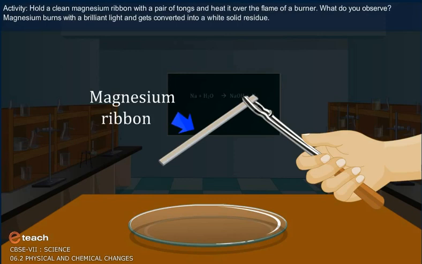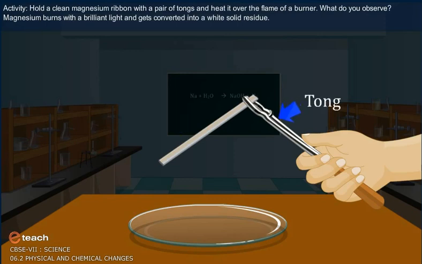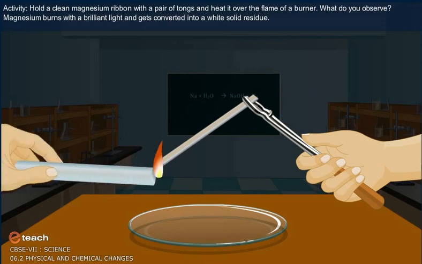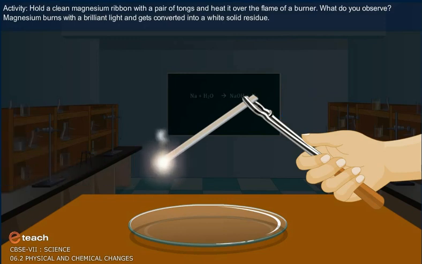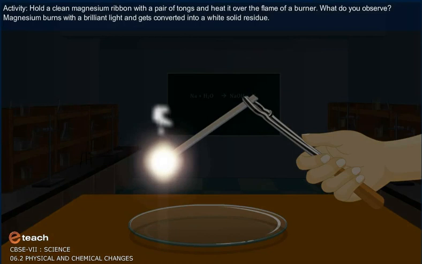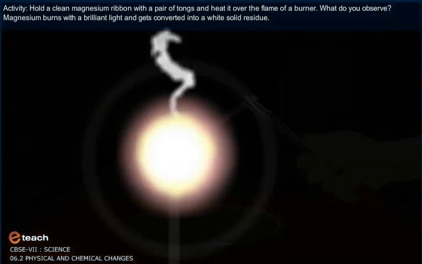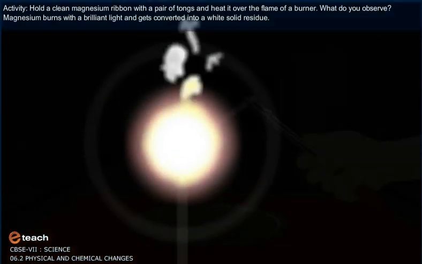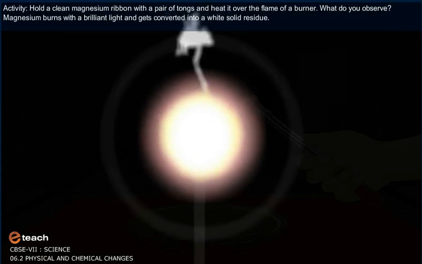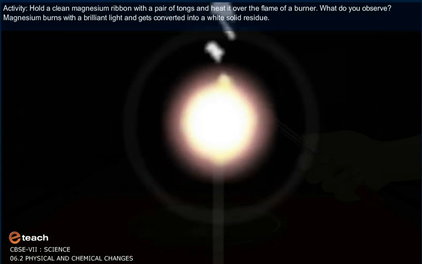Activity. Hold a clean magnesium ribbon with a pair of tongs and heat it over the flame of a burner. What do you observe? Magnesium burns with a brilliant light and gets converted into a white solid residue.